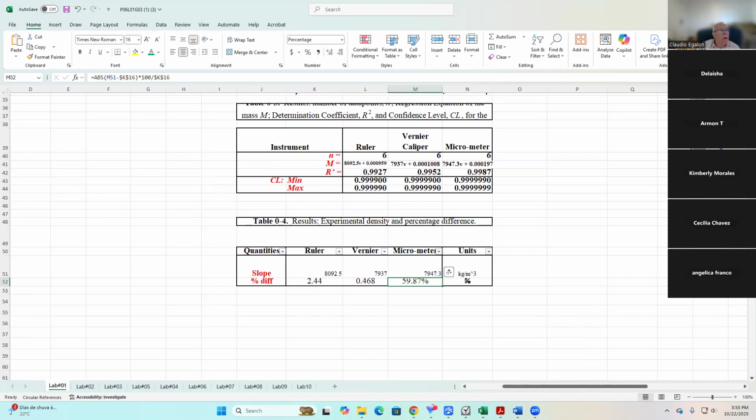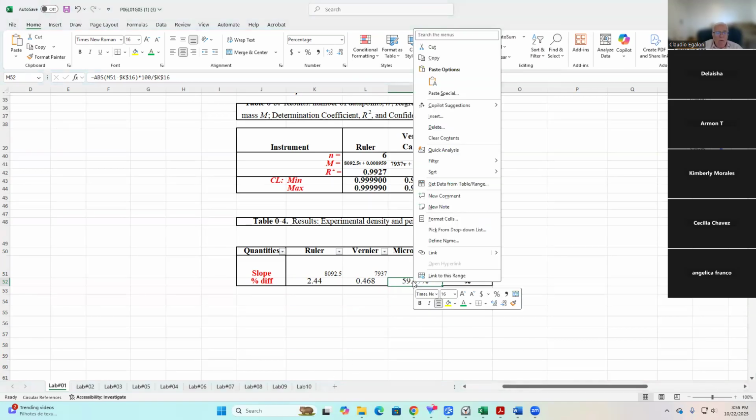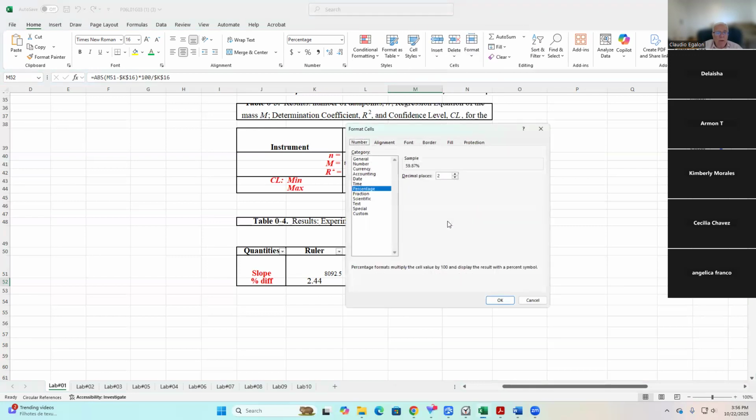Okay, group number 3. You are putting it in percentage format. 59% is too much. This is not 59% of difference. It's less than that. So why is it displaying 59%? That's because of the format. You used the wrong format here. Let's take a look at the format.